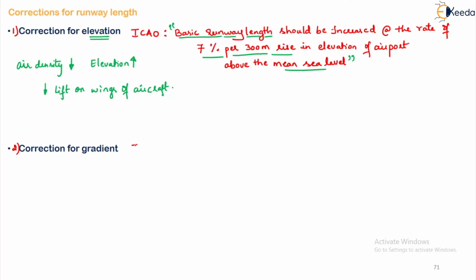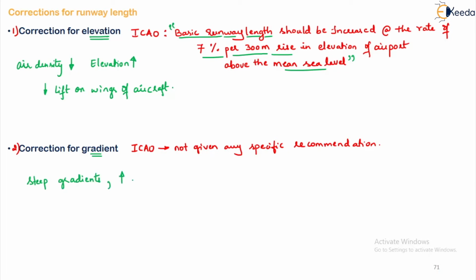In this case, ICAO has not given any specific recommendation for the correction of gradient. If steep gradients are there, they will consume more energy and hence longer lengths of runway will be required.